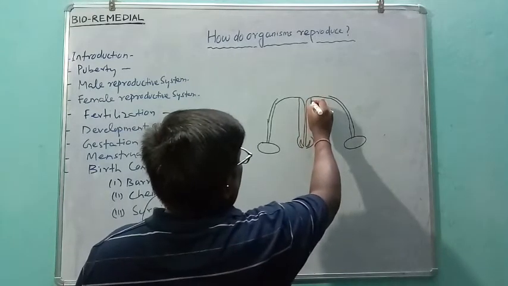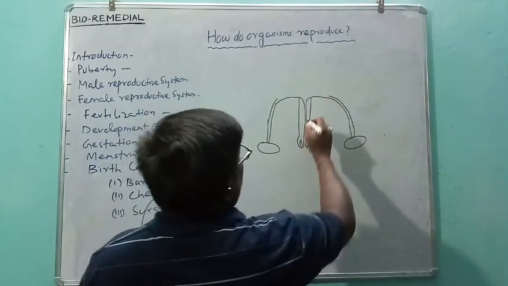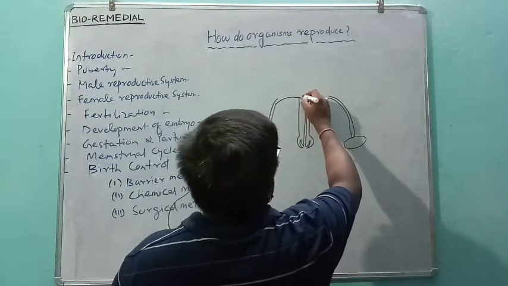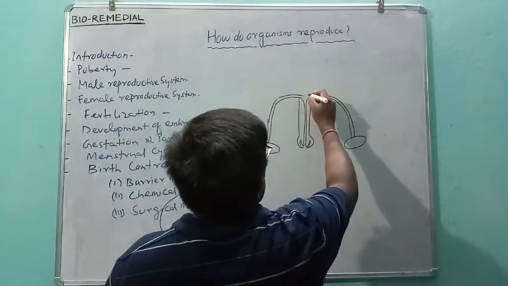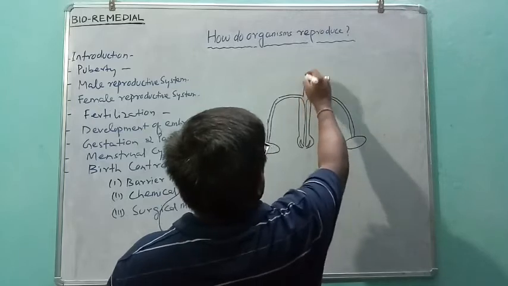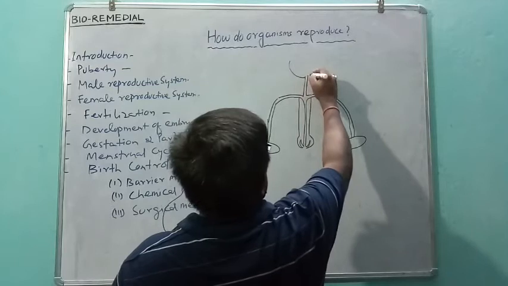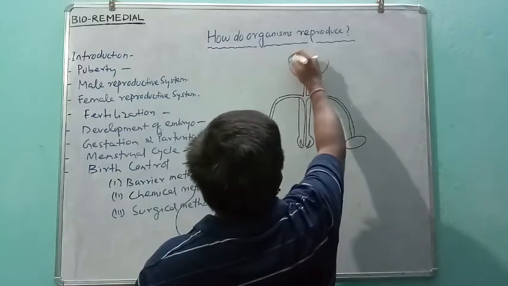This is the male copulatory organ, penis. This is actually a duct. So this duct is also connected to the urethra, or you can say the urinary bladder.